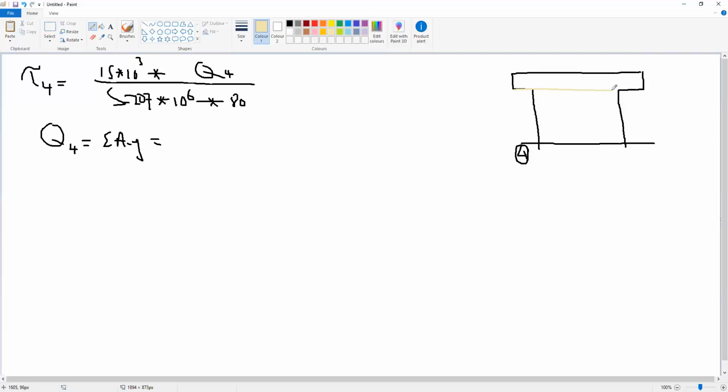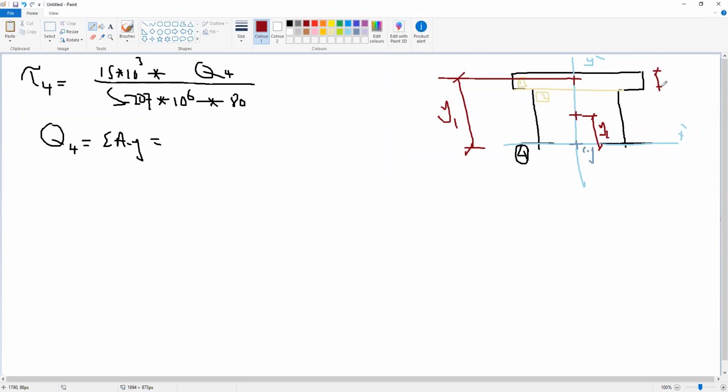This is area 1 and this is area 2. And we know that this is the centroid of the whole section, because this is X dash, this is Y dash, and here is the centroid. The centroid for area 1 is here. The centroid of area 2 will be here. So this is area 1, so this will be Y1, and this is area 2, this will be Y2. So Q4 will be area 1.